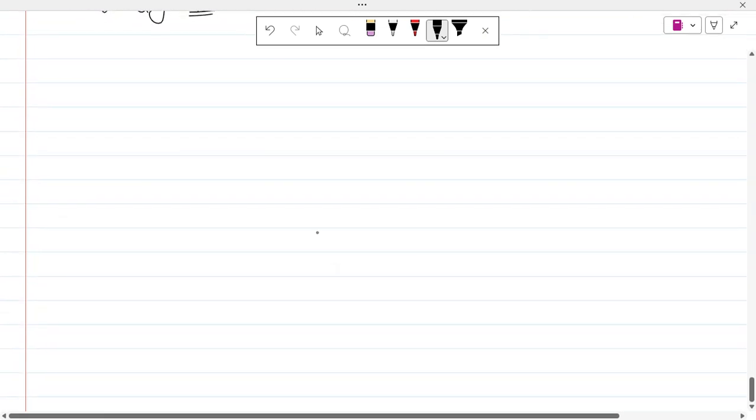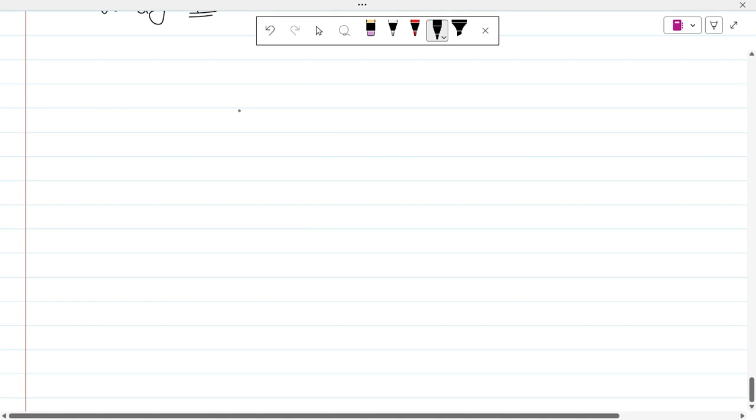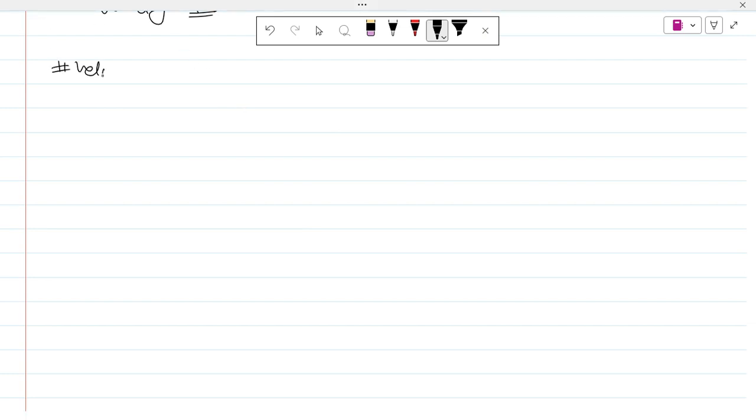Now we will talk about velocity potential and the stream function. Functions are generally a mapping of input parameters to output parameters.